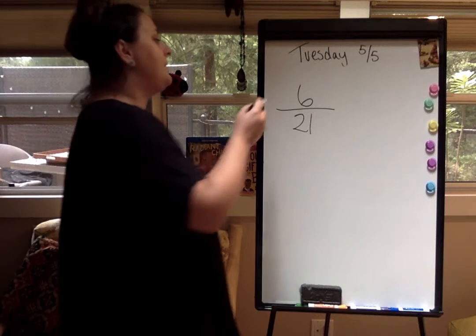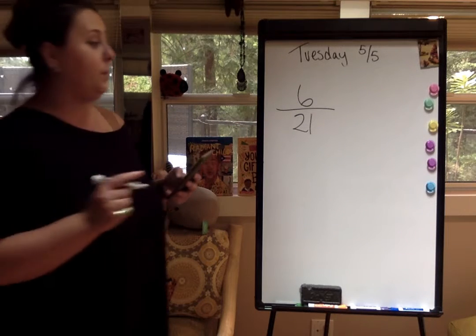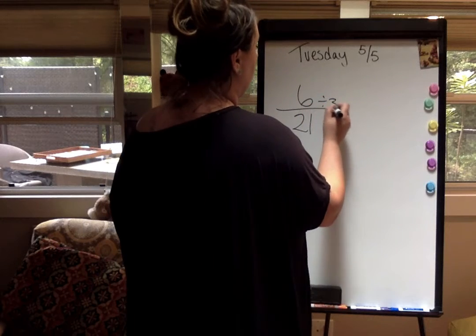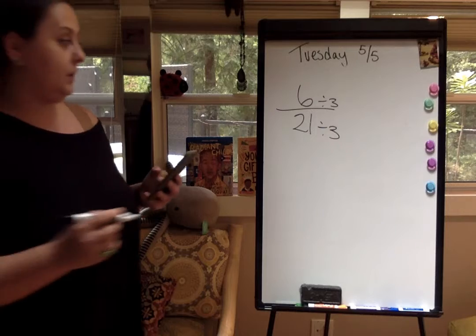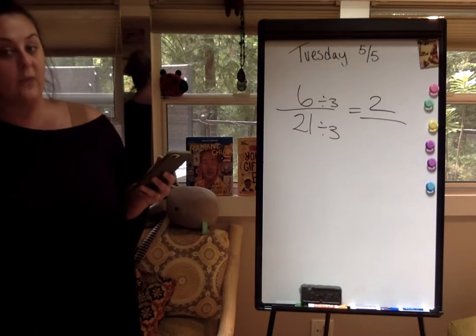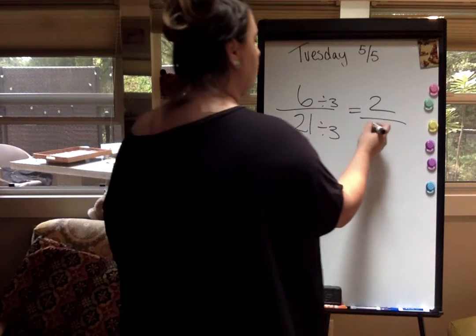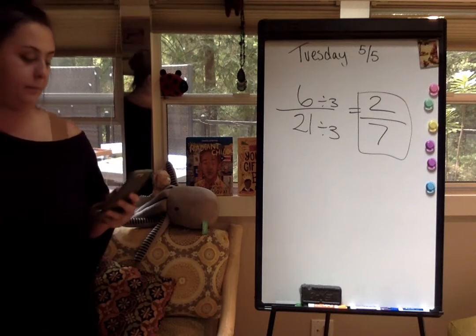Now, I know that a 7 is not going to go into a 6, but a 3 will. So 6 divided by 3 is 2. 21 divided by 3 is 7. That's the lowest you can go.